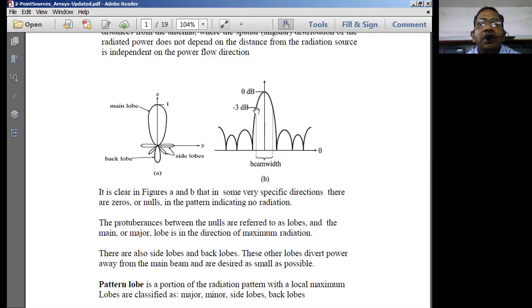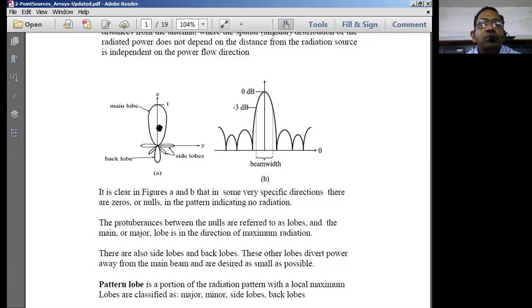When you come down by 3 dB, minus 3 dB from the maximum, we have the main lobe. The main lobe has the maximum directivity, and the side lobes have the minimum directivity. All the rest of the figure shows us the side lobes, and slowly the radiation decreases. Imagine y is the axis of the antenna and z is the axis of radiation.